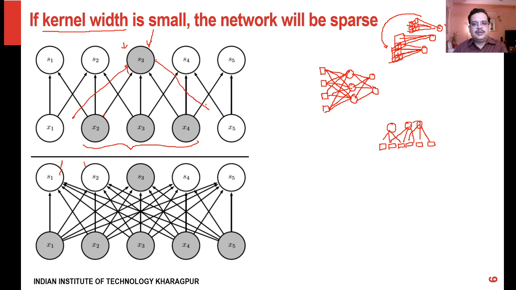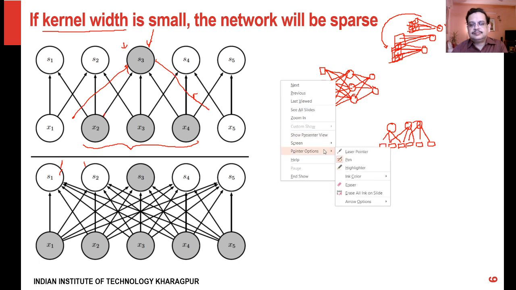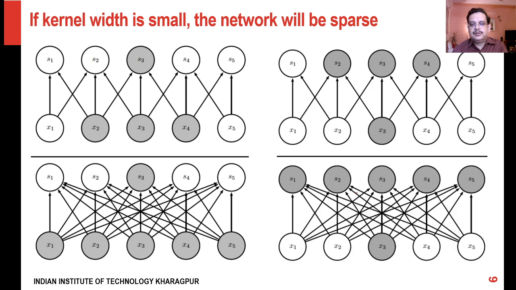So that will be much more dense. And similarly for cases where a node is feeding into only a subset of the nodes in the next layer, as opposed to a node feeding into all neurons of the next layer.